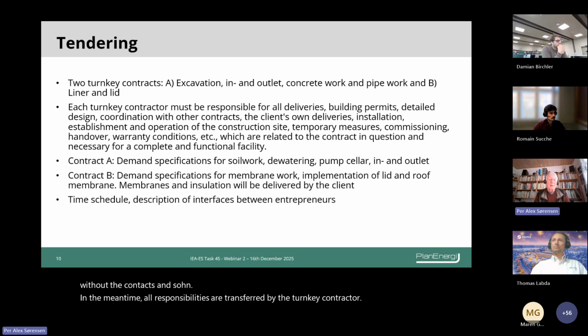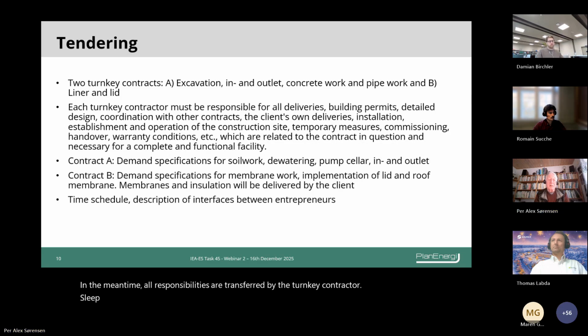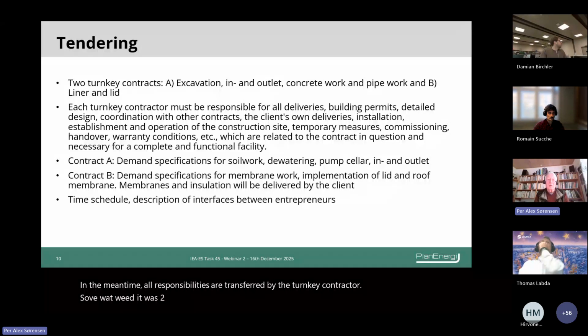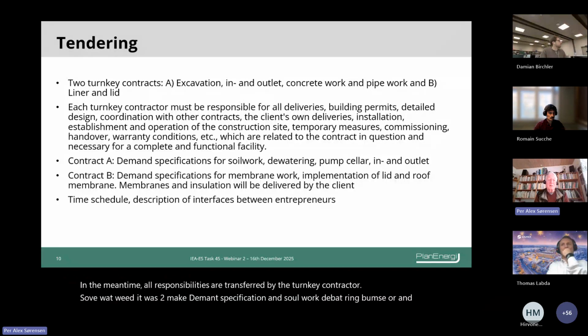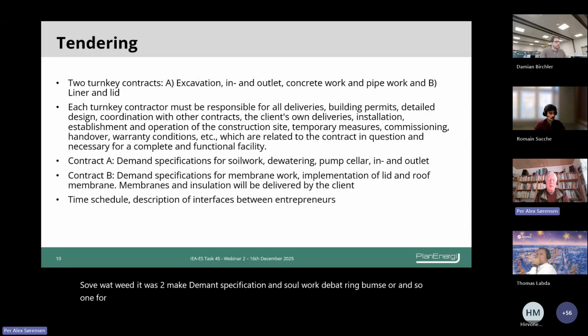So what we did was to make soil work, dewatering, pump cellar, and so on for the excavation contract, and also demand specifications for membrane work and so on for the liner and for the lid.